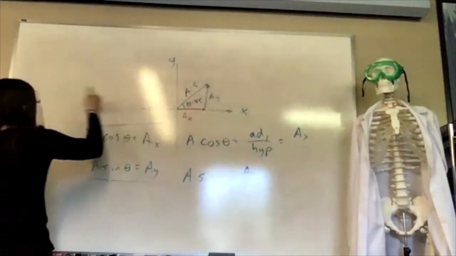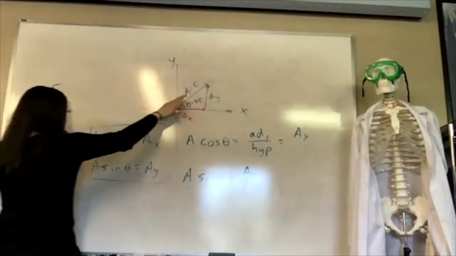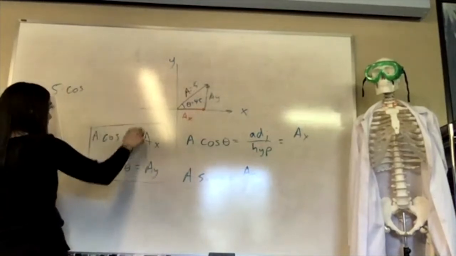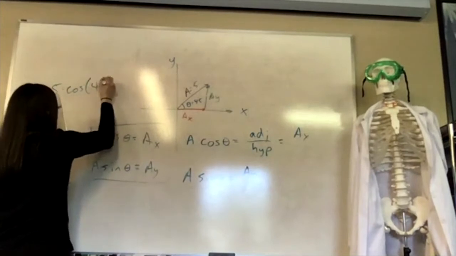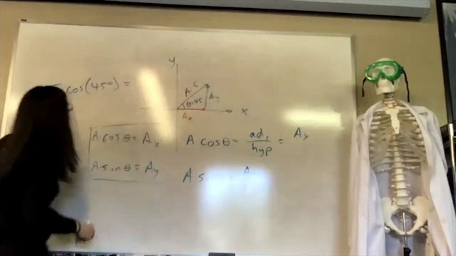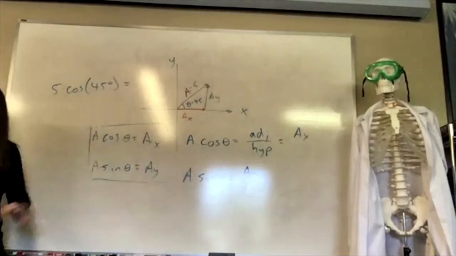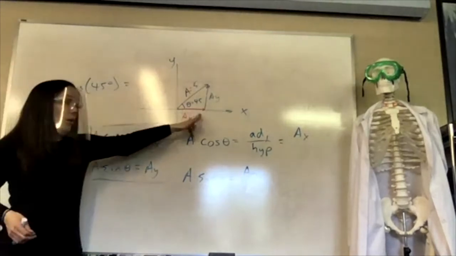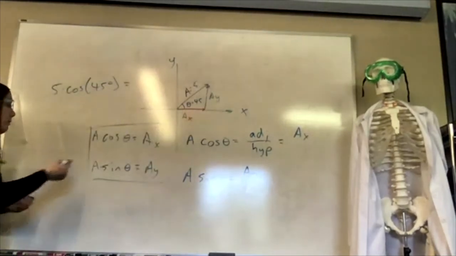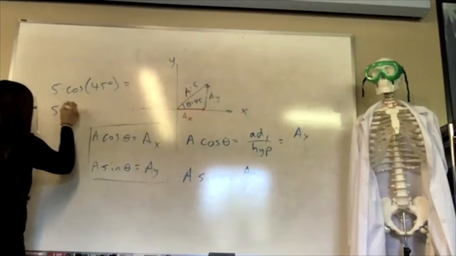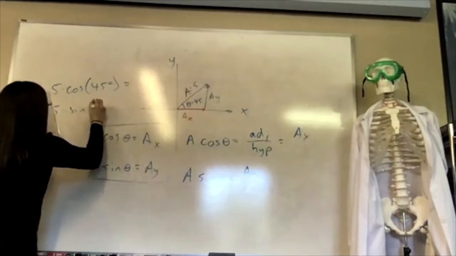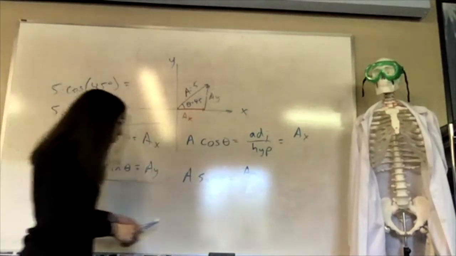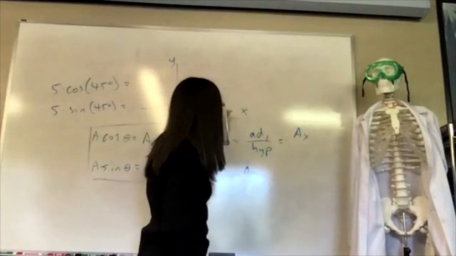So we would take the length of the vector, 5, and multiply it by cosine of the angle, which is given to you in this case, 45 degrees. 5 times cosine of 45 would give you the length of the horizontal component right here. And then for the y component, same thing. You do the vector length times sine of 45 degrees. And that would give you each of these two lengths.